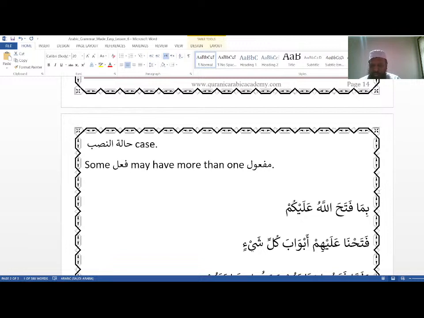Fatahna. So we have opened. Let's open what? Let's look for the maf'ul. What is the maf'ul here?